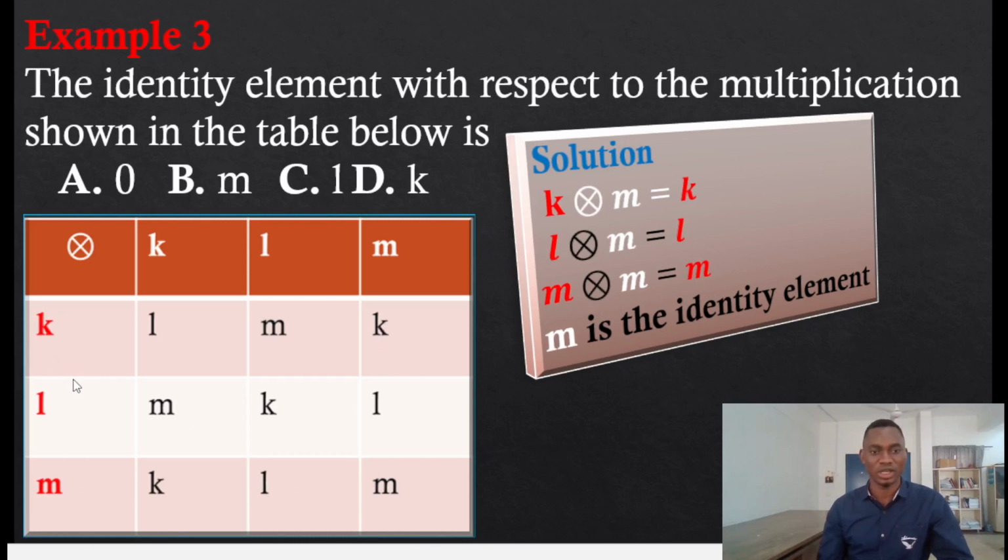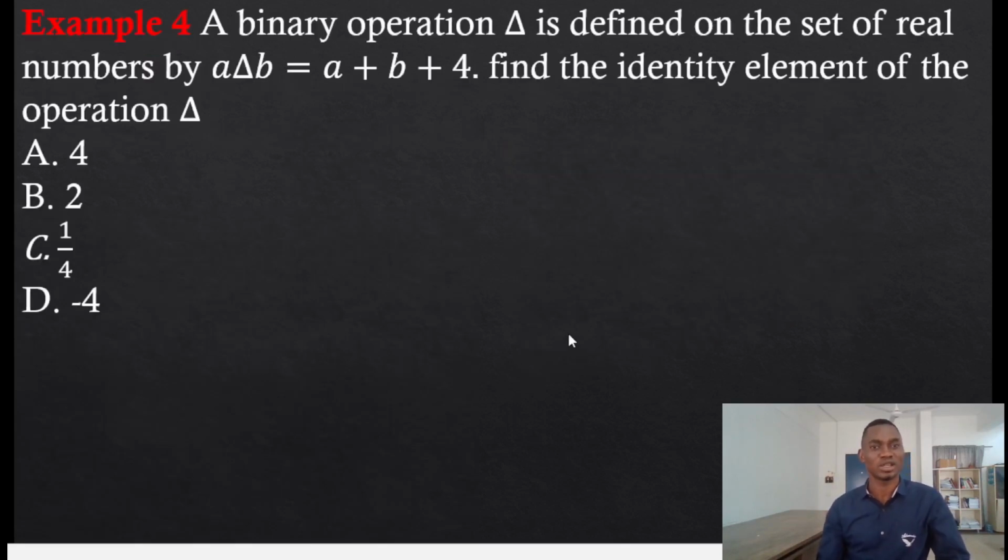Look at K, L, M. Any element above that column is your identity element. So this M above is your identity element. It is that simple. Okay, let's look at the next example.